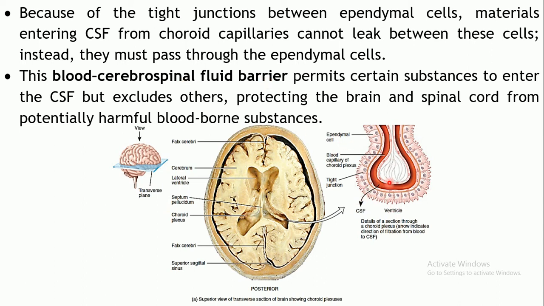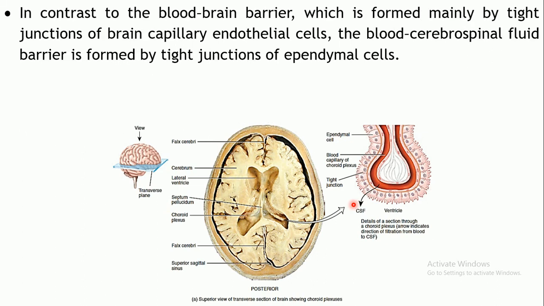Any substance cannot easily cross this particular layer of ependymal cell due to presence of the tight junctions. So your brain is again protected against the entry of any harmful substance which may be present in your blood. So that cannot cross very easily this particular layer. So that forms a blood cerebrospinal fluid barrier.